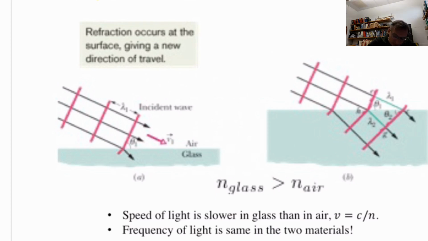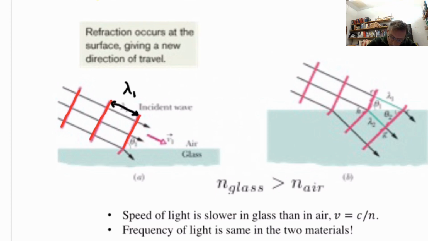And we have drawn here neighboring wavefronts. And the distance between adjacent wavefronts from here to here is the wavelength of the light wave in the air, which we're going to call medium 1. So that'll be a wavelength lambda 1.